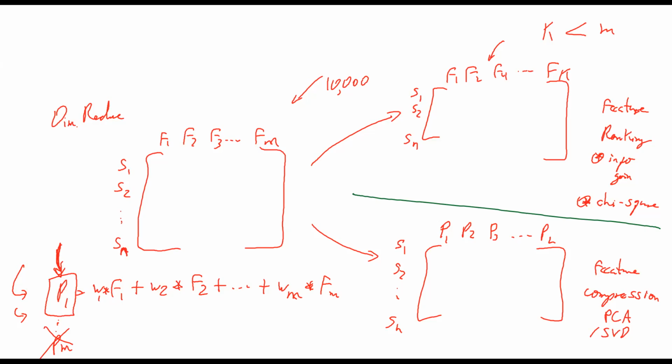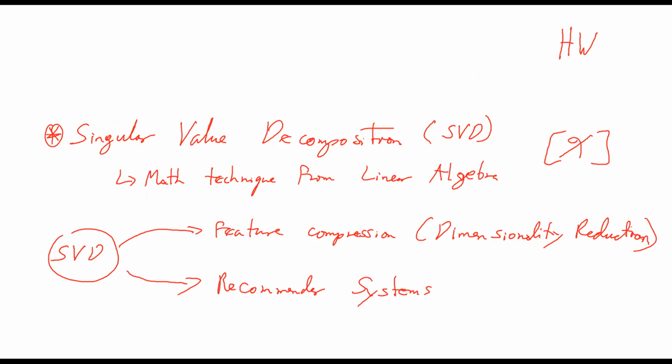Okay. So we've talked about feature compression, and you hopefully have a basic idea, although I haven't really covered the algorithm for that yet. The other thing that you can use singular value decomposition for is, of course, recommender systems, okay? And recommender systems is actually the topic of today.